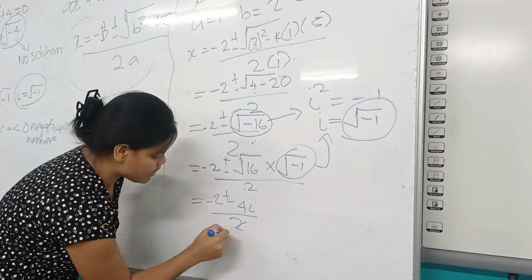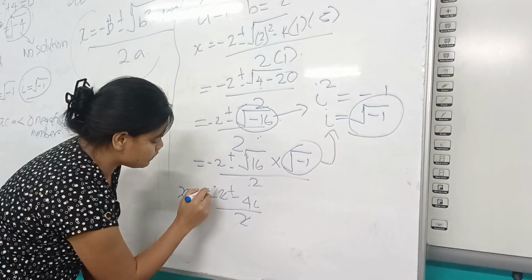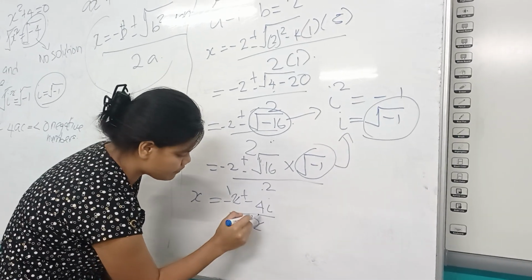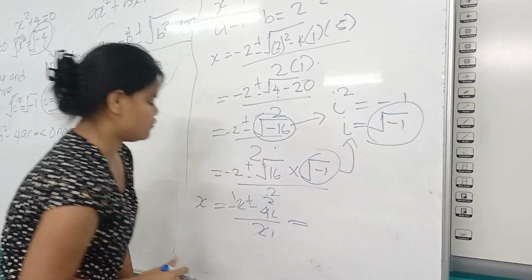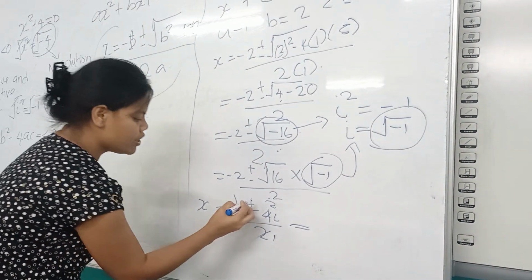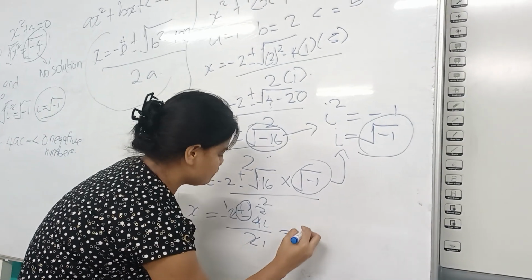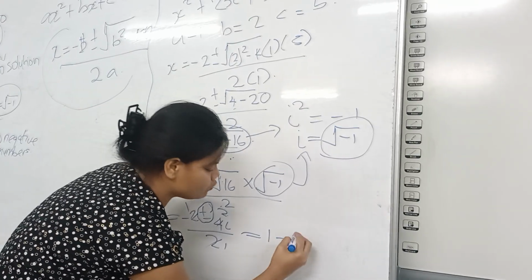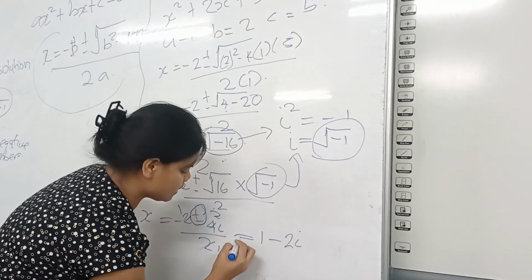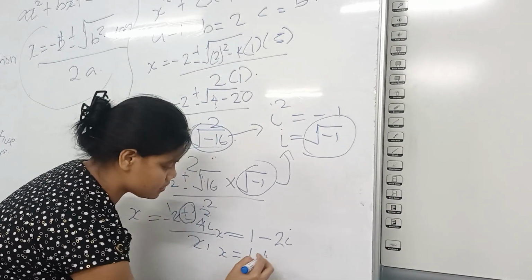Then you simplify and get the x values: 1 and 2. The answers are two, because of plus and minus: 1 minus 2i, and the next one is 1 plus 2i.